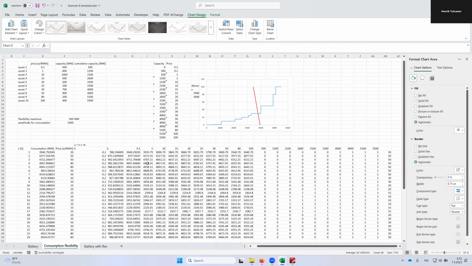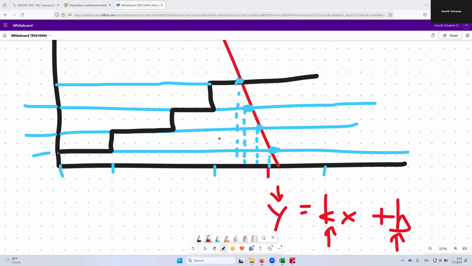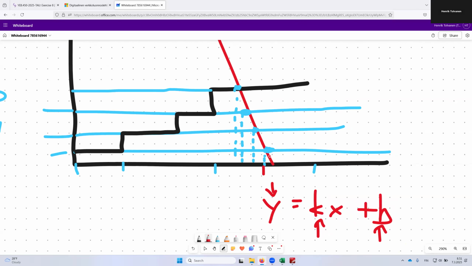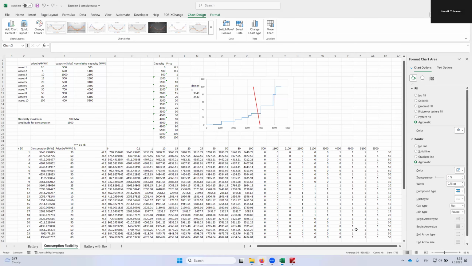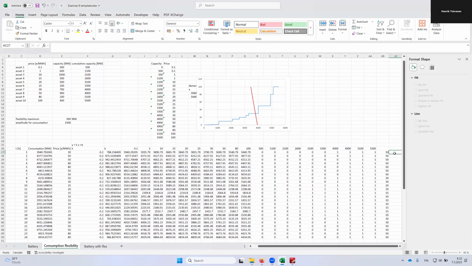So let's go back to this drawing. It's easier to see it from here. What we're after is, if we have the initial consumption in there, what is going to be the consumption in here? And since we know the price, we have the K and we have the B, then we can calculate X. So X is going to be Y minus B divided by K. Let's try that.